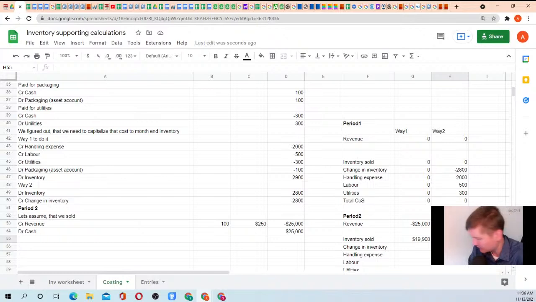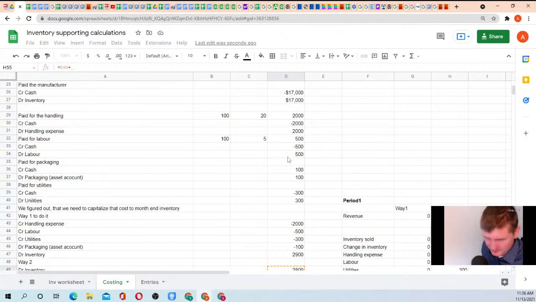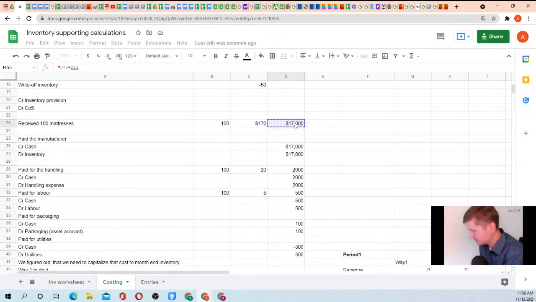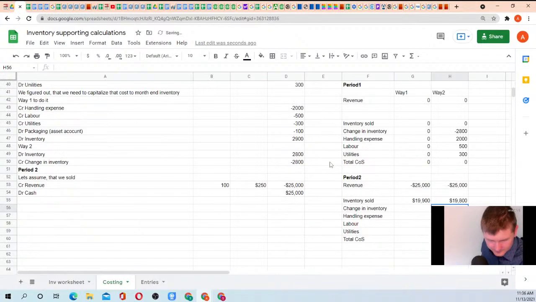So under that, we will reflect that amount in here, 2,800 plus 17,000. Then we also used the change in inventory account, and we need to reverse that.